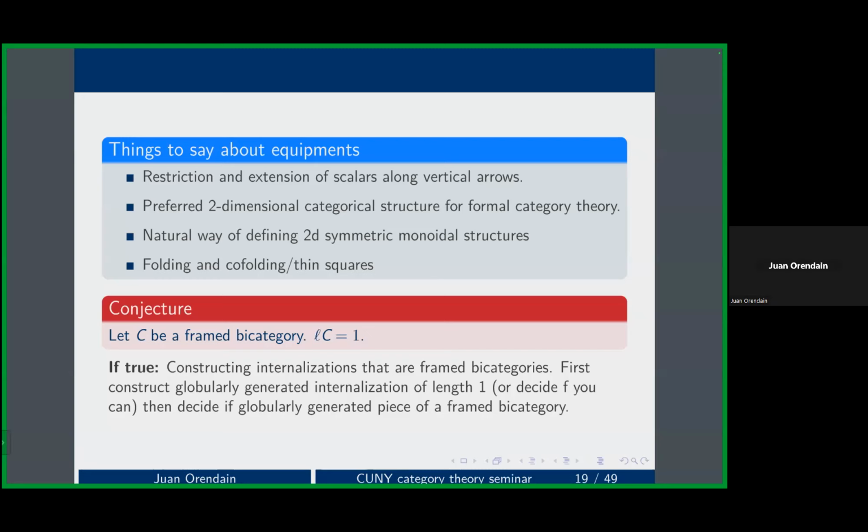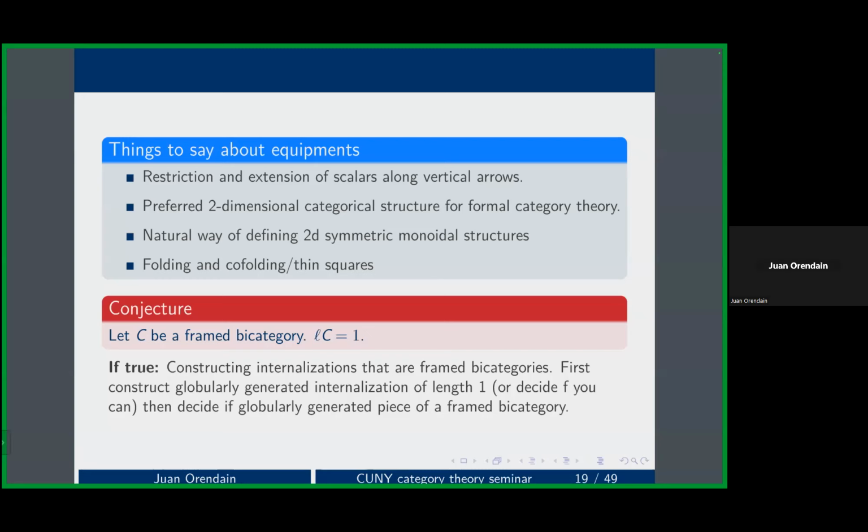So we have this conjecture: if C is a framed bicategory, then the length of C is equal to 1. If this is true, and we want it to be true, then if you start with a decorated bicategory and want to lift or internalize it into a framed bicategory, you can break your problem into two steps. First, decide if you can internalize your decorated bicategory into a globularly generated double category of length 1.